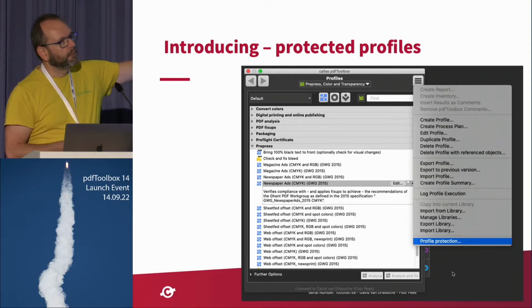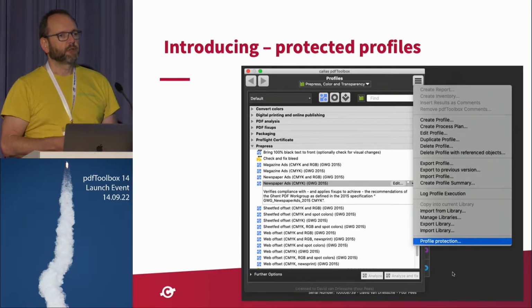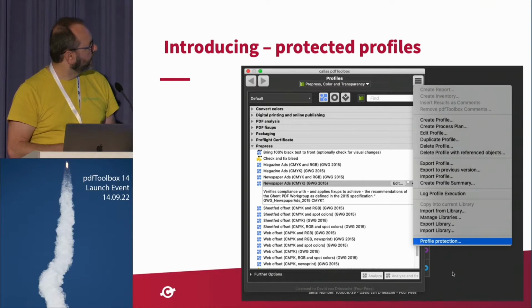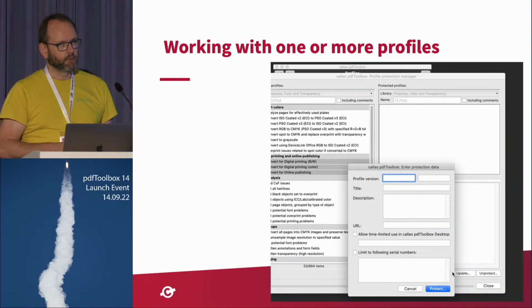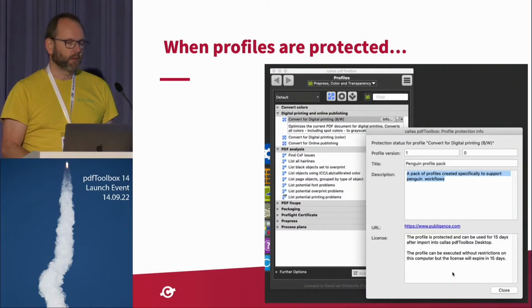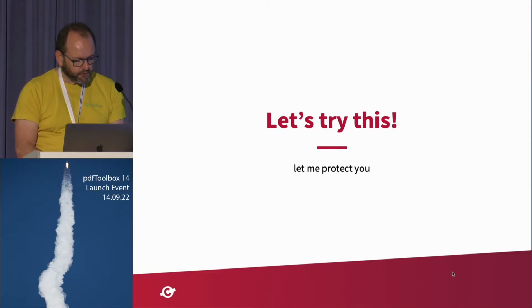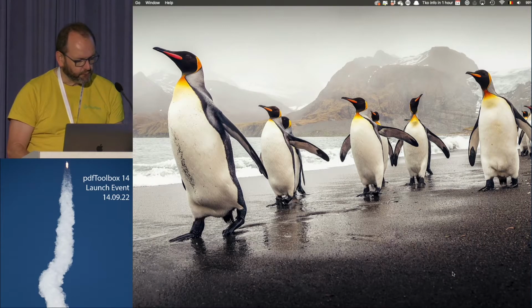Now, you can find the way to protect profiles in the profile window, which I guess makes sense. There is a new menu item that appears if you click on the action button that you have in the top right corner of the profile window. And when you go there, it shows you all kinds of user interface. Now I can show you screen grabs of that, and we can go through that over here, but it would actually be much more interesting if I can show you that in pdfToolbox.